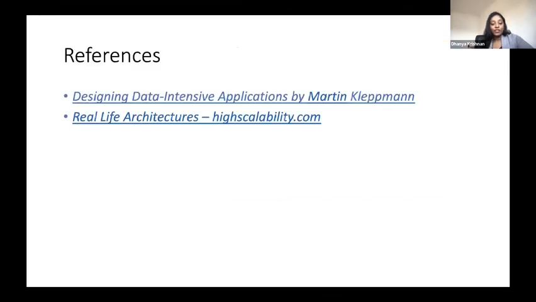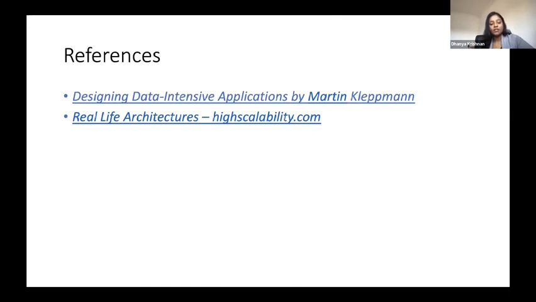Yes. If you're interested to know more about large scale systems, I did not want to overburden you with all the references or links I could put, but Designing Data-Intensive Applications by Martin Kleppmann is one of the best data intensive design books I have ever read. So I would definitely refer you to that.